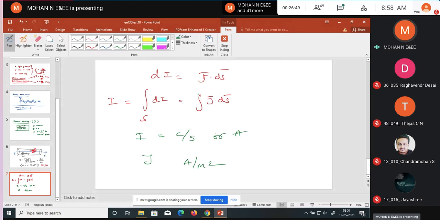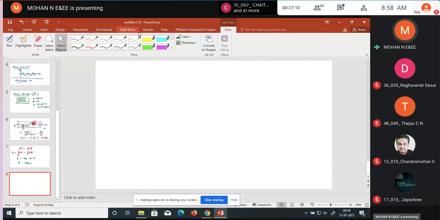We can extend this to relate the current density to the volume charge density. We have understood the volume charge density as rho v, and the current density is the J vector.